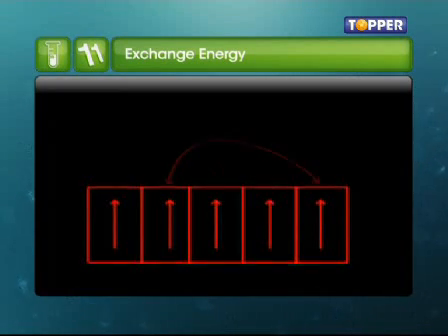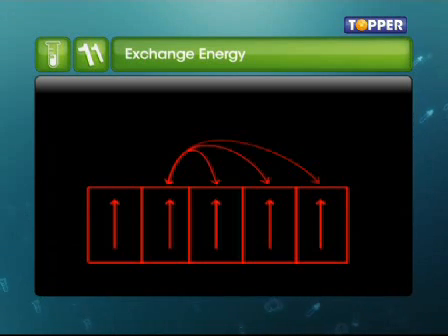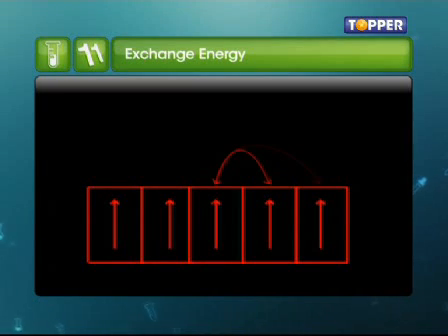Similarly, the second electron can have three types of exchanges. The third electron, two types of exchanges, and the fourth electron, only one exchange.